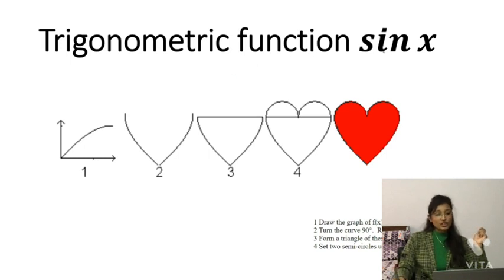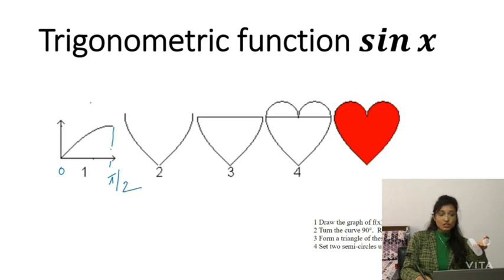Trigonometric function. We will now form a heart using a trigonometric function, that is sin x. We will draw the sine curve for x from 0 to pi by 2. We will turn this curve 90 degrees in this direction, and then we will reflect it across the y-axis.